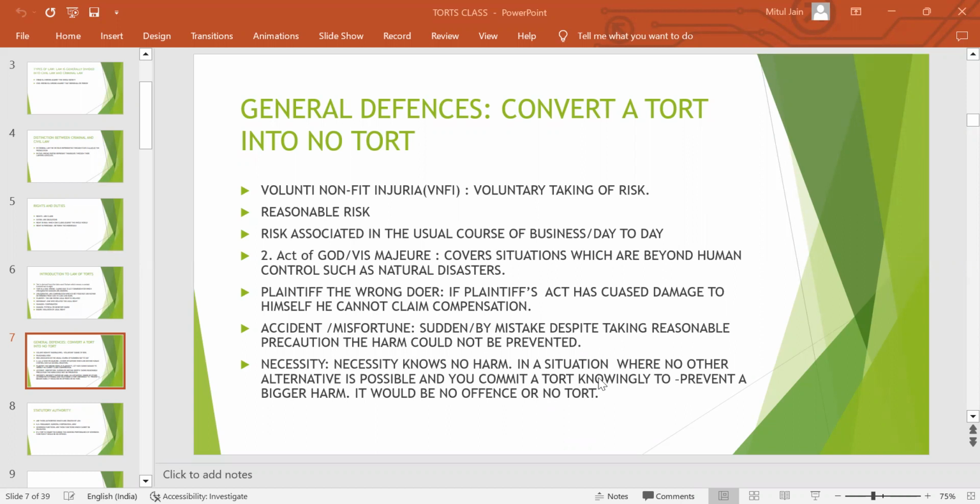So, suppose you suddenly pull the brakes, as a result of which you ended up hitting someone. You took all the precautions, but it was the misfortune of the other person to get injured. Now is it clear?